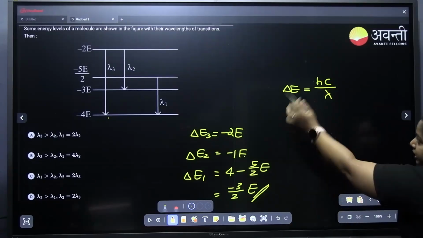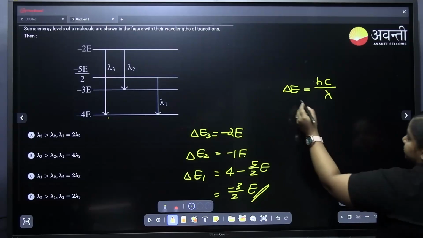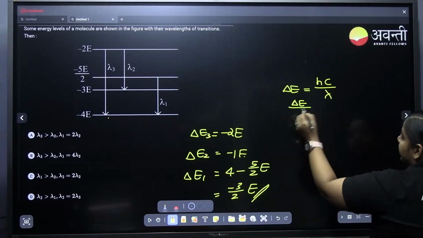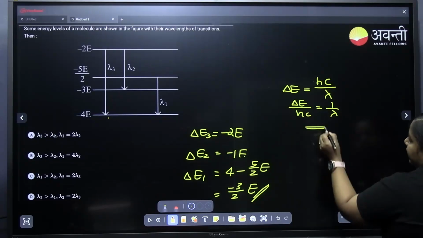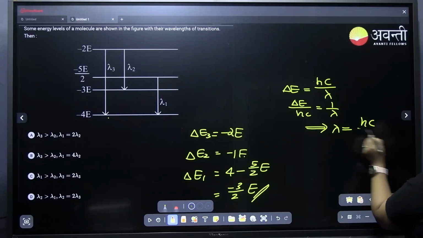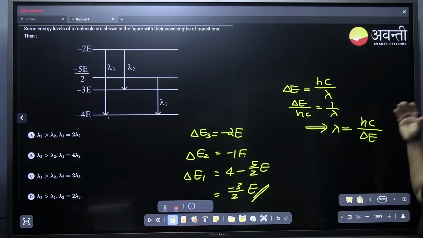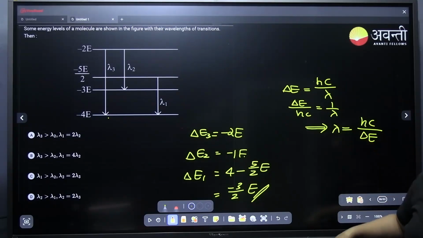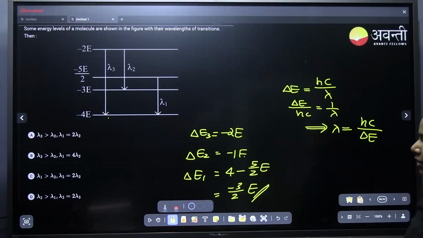Delta E should be given by photon emitted, which means delta E by hc equal to 1 by lambda, and that gives us lambda equal to hc by delta E. So delta E is more, lambda will be less. Delta E less, lambda will be more. So which is the highest one?